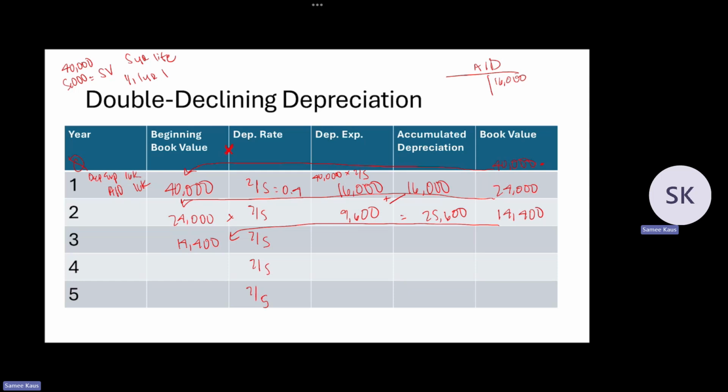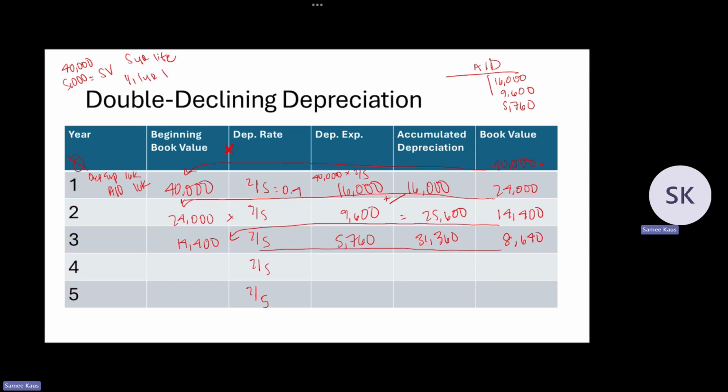14,400 multiplied by 2 over 5 gives me 5,760. I add that to my accumulated depreciation, right? And I can calculate my total accumulated depreciation of 31,360. I have a net book value of 8,640.